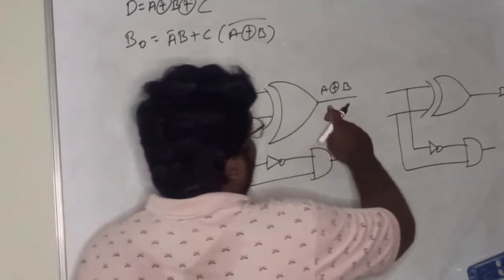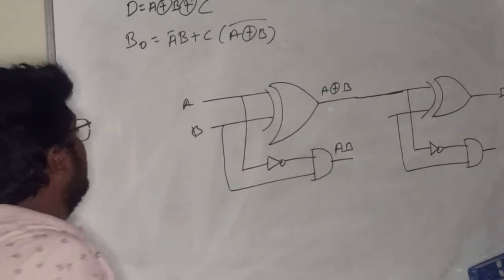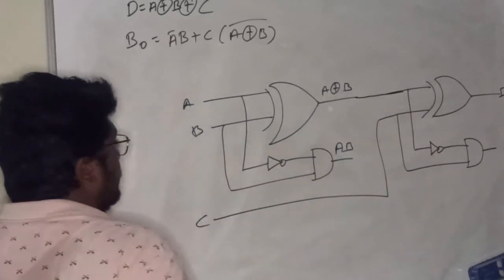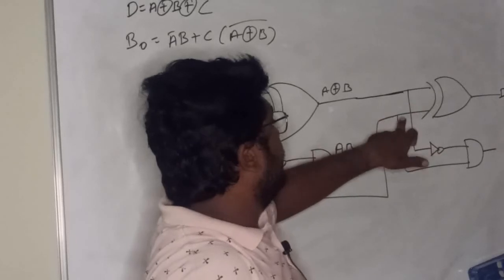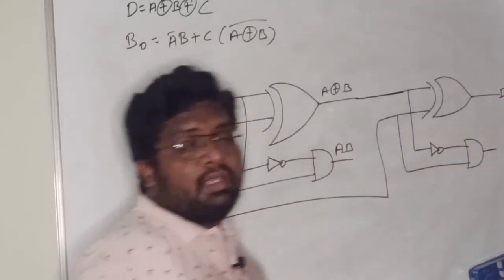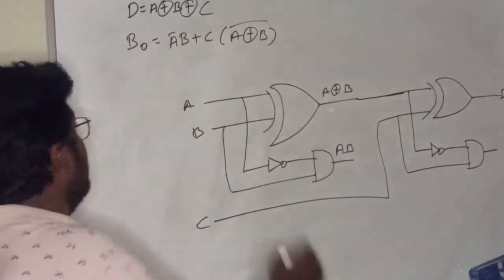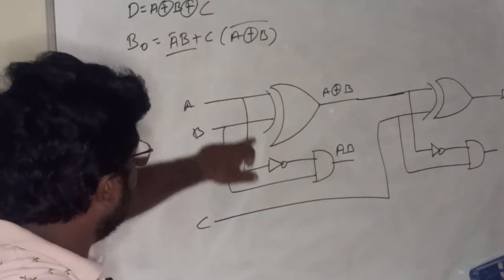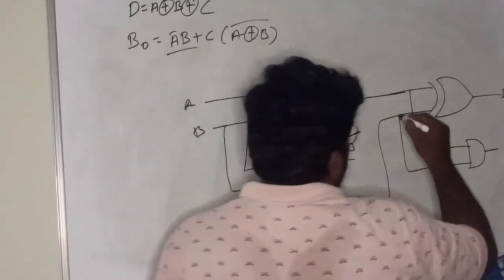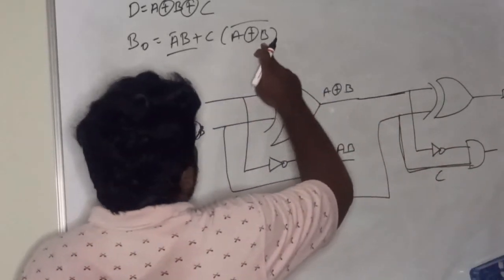D is equal to A XOR B XOR C. Already I have A XOR B, and this is C. So A XOR B is XORed with C. Finally I got the difference D is equal to A XOR B XOR C. For B naught, the first term is A complement B, and the next one is C into (A XOR B) complement.